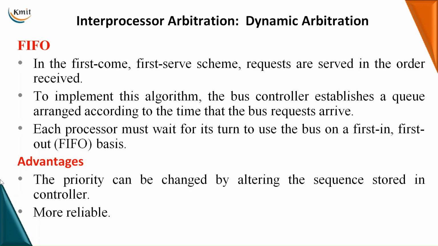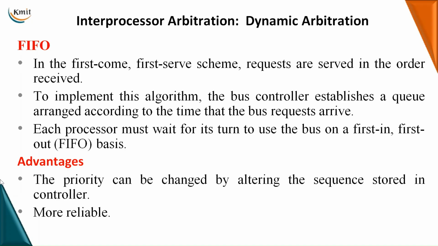The next and last type of dynamic arbitration technique is FIFO. FIFO stands for first come first serve scheme. In the first come first serve scheme, the requests are served in the order received. To implement this algorithm, the bus controller establishes a queue arranged according to the time the bus requests arrive.